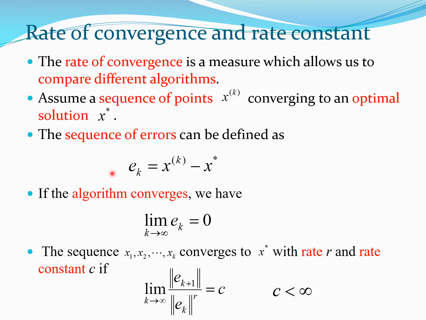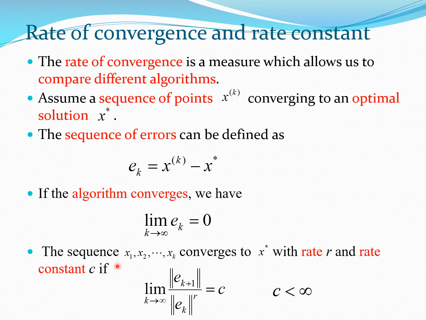Essentially you want to drive this number to 0. So we say the algorithm converges when the limit of e_k as k becomes higher and higher is driven to 0. This will prove that your algorithm converges. And this is something you want in any problem, that your sequence of x_k's converges to x star, because that is the whole purpose of developing the method.